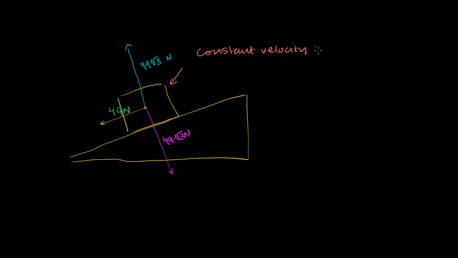And so the constant velocity v is equal to, I don't know, let's say it is 5 meters per second down the wedge, or down the ramp. Or I guess we could say in the direction that is parallel to the surface of the ramp. So it's in this direction right over here. So that's the constant velocity.